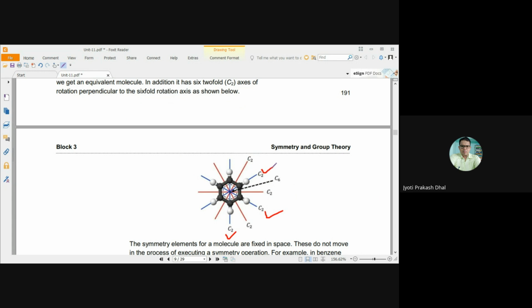The three blue color C2 axes of symmetry pass through two carbon atoms opposite to one another. So you can see the three blue colored C2 axes of symmetry pass through two carbon atoms each, apart from the center of the molecule.